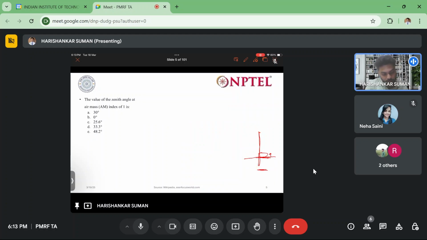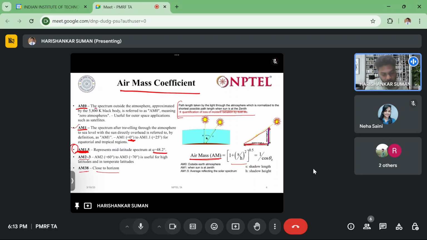So this is the definition we have. The spectrum outside the atmosphere, approximated by a 5800 Kelvin black body, is referred to as AM0. Okay, zero atmosphere. So this is useful for space application.